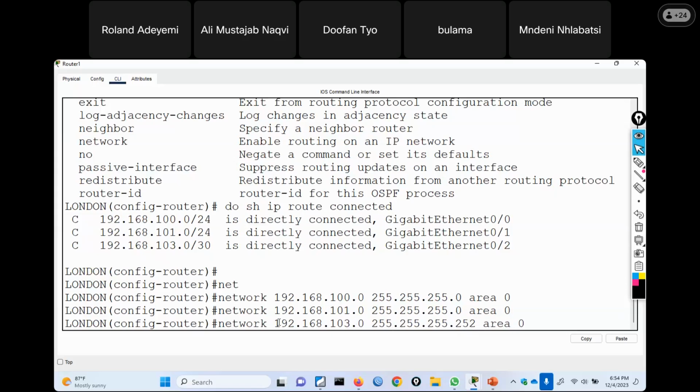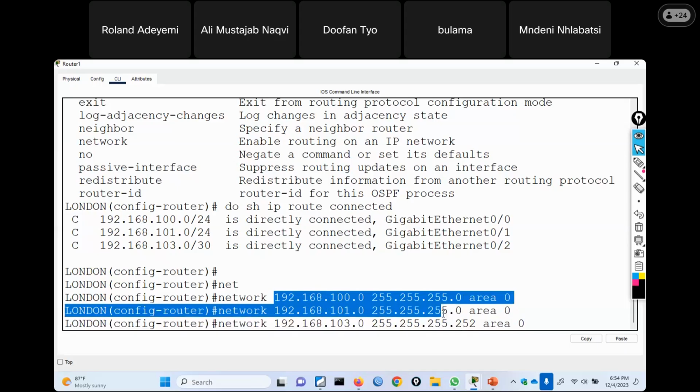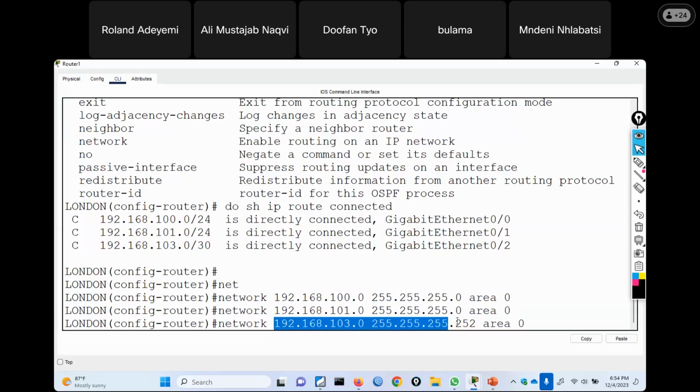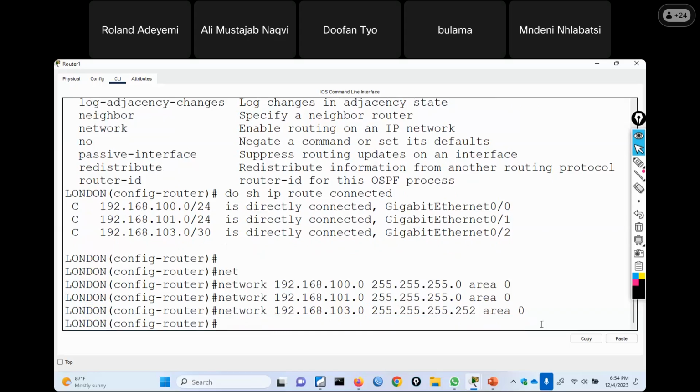So look at this now. These two here are our LANs that are directly connected to the London router. This network here is the one for the WAN connection, the wide area network connection. We are going to advertise all these three networks on the London router.